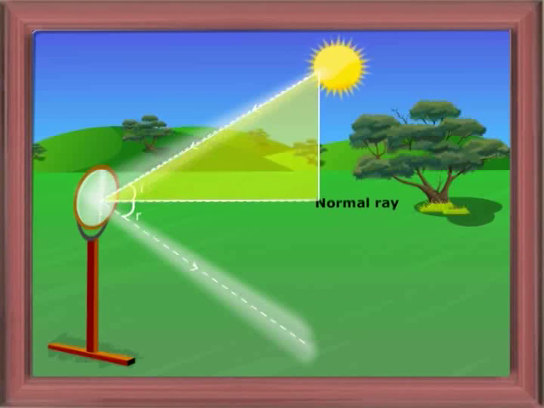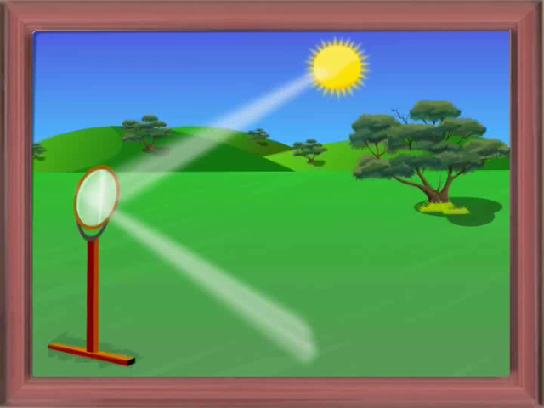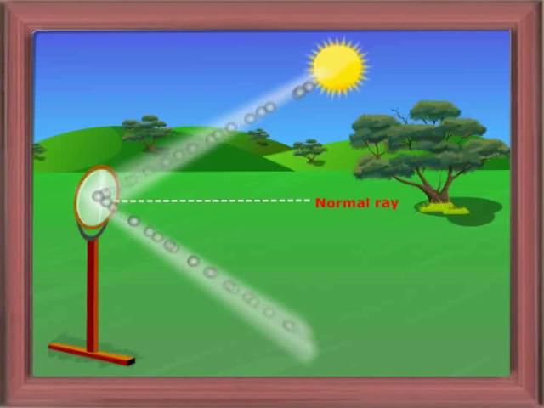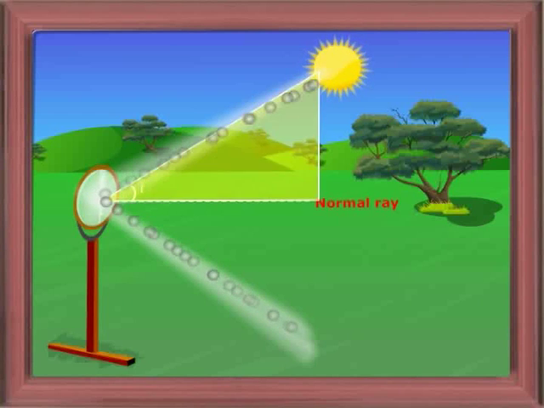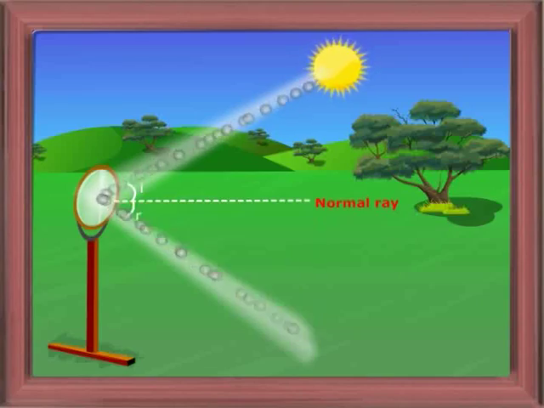Here, the angle of incidence is equal to the angle of reflection. The corpuscle also follows the same principle. That is, when corpuscles strikes the surface, they get reflected. When a normal is drawn, the angle of incidence formed by the corpuscles is equal to the angle of reflection.